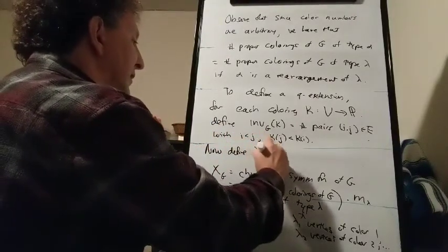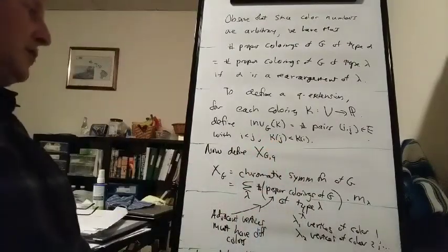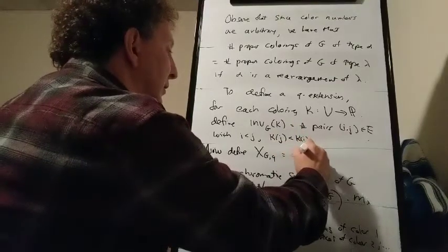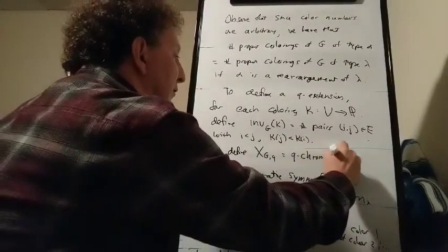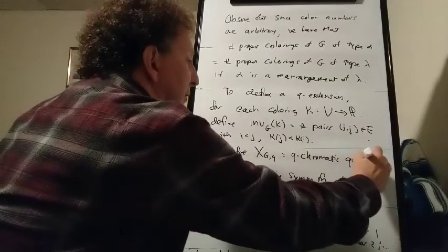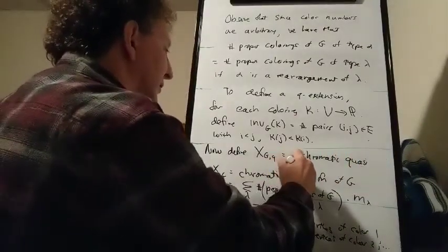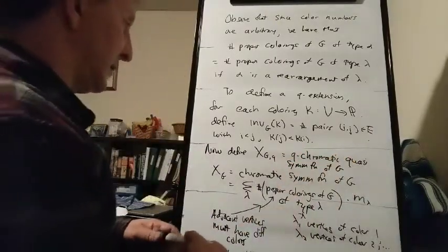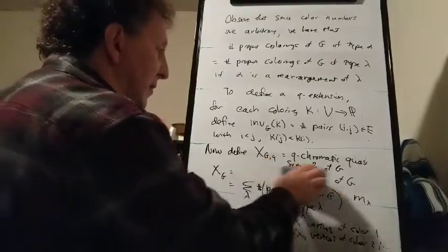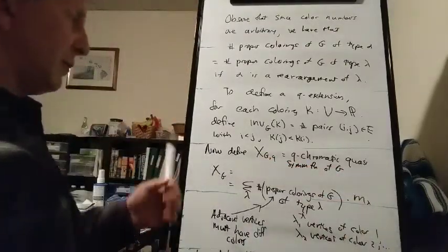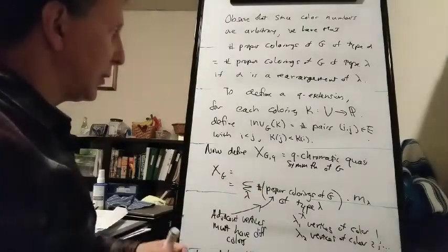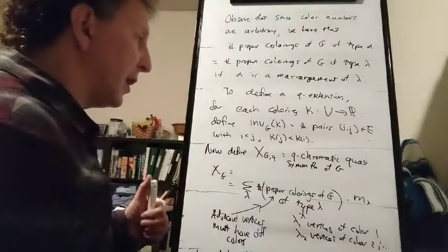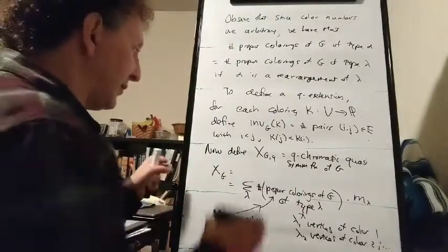Now let's define XG(q) to be the q-chromatic quasi-symmetric function of G to be, we won't put just the number of colorings, we're going to put q to the number of inversions in a coloring next to a quasi-symmetric function capital M alpha.